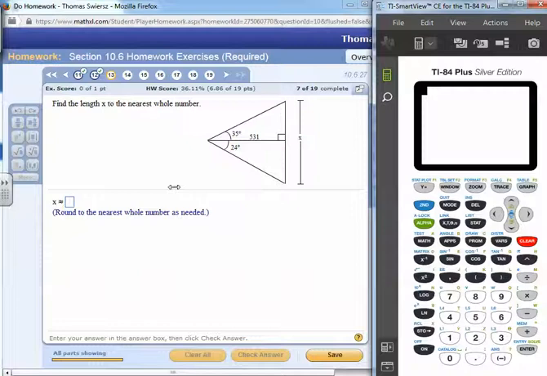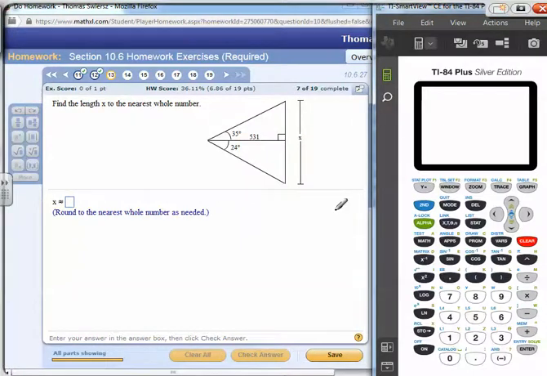Okay, let's look at number 13. We have the measure of length x to the nearest whole number. Now notice, x is going to be this length right here and this length right there added together. This length we can find using the top right triangle, correct? 35 degrees, this is the side opposite, and the 531 is the side next to it, which is the adjacent.